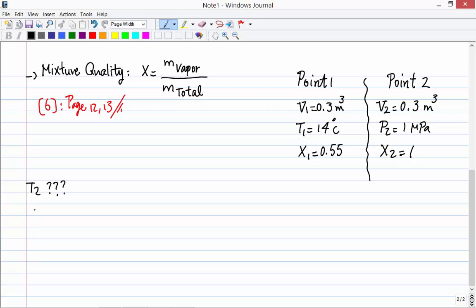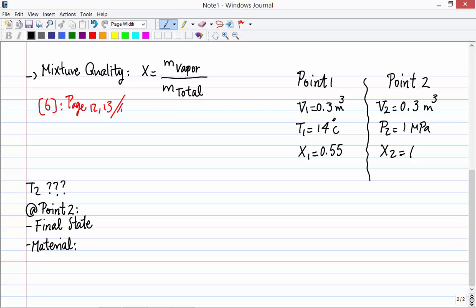So at point 2, which is the final state, the material is, once again, please pay attention to this part. You need to write the material.